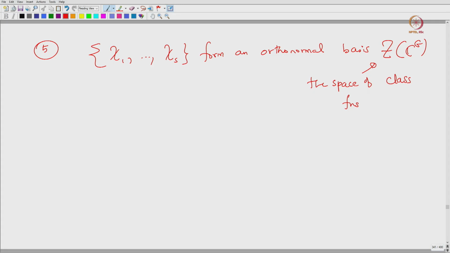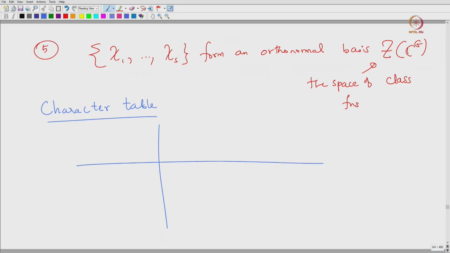Recall, what is the character table? Let me just recall the character table. We take characters as rows and conjugacy classes as columns. So, we have C_1, C_2, etcetera, C_s.